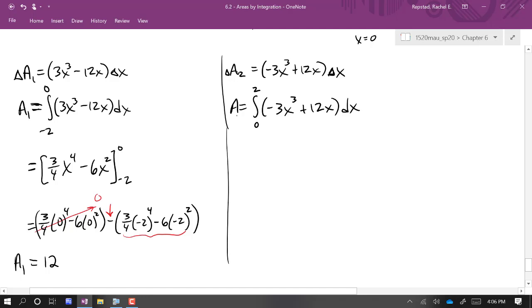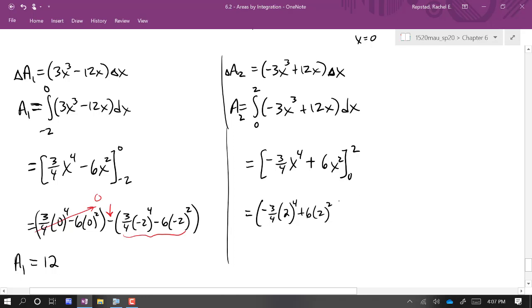Now over here, A2, very familiar integral. It's the one we just did, only the signs are different. So we have a -3/4 x to the 4th plus 6x squared from 0 to 2. So we're going to plug in the upper limit first, and then the lower limit.